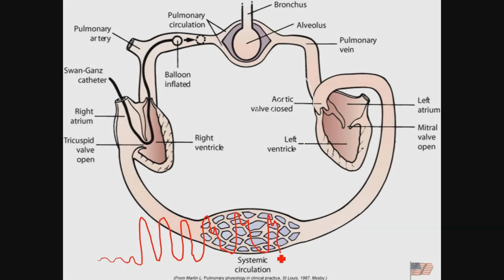There's no systemic artery giving them oxygen and removing waste products. So we have to deflate that balloon. When we deflate the balloon, we're measuring pulmonary artery pressure. Right? Systolic, diastolic in the pulmonary system. Very low pressure system. Somewhere on the order of 25/8.